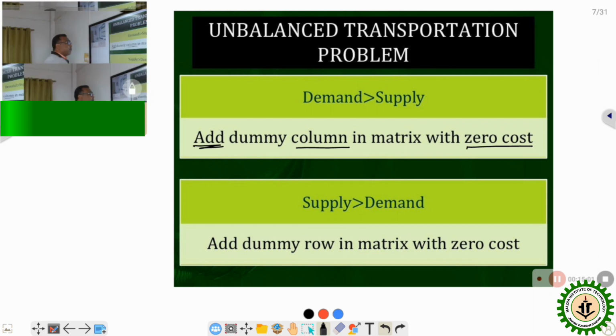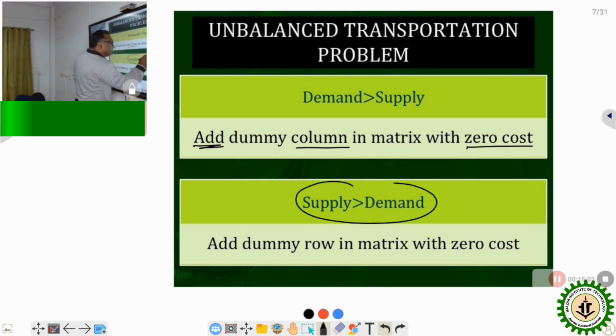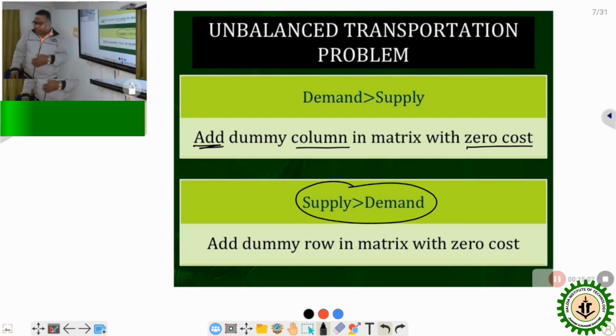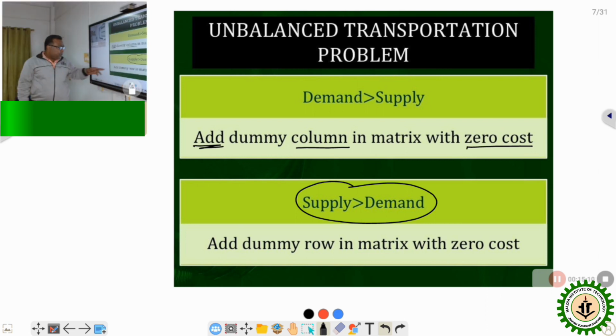Similarly, if supply is greater than demand, we add a dummy row in the matrix with zero cost. This is the way to transform an unbalanced transportation problem into a balanced one, and then we go for the solution technique.